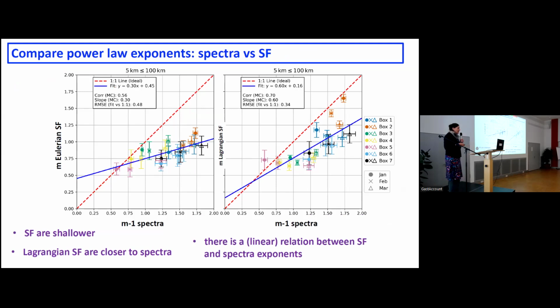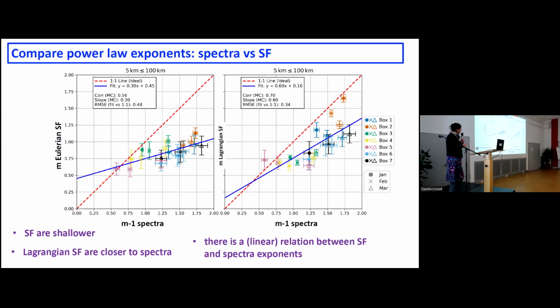Okay, so now we just compare the fits of the exponents of these lines that we can fit. What is plotted here is the exponent of the Eulerian structure function and the corresponding one from the spectra. And here you have the Lagrangian structure functions. This is from a fit over the entire range, not taking into account the Rossby radius, so from 5 kilometers to 100 kilometers.